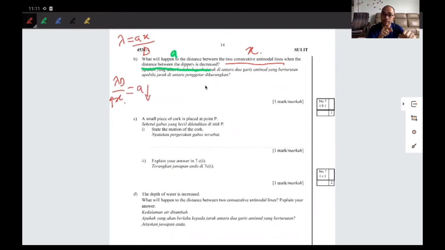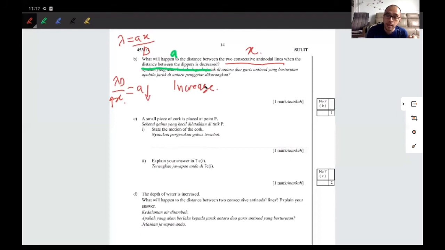Take a look at the position in the formula: X at the bottom, A at the top. So when A is decreased, X will increase. I don't know why they give two lines just to answer one word, which is increase. The two consecutive antinodal lines will increase.